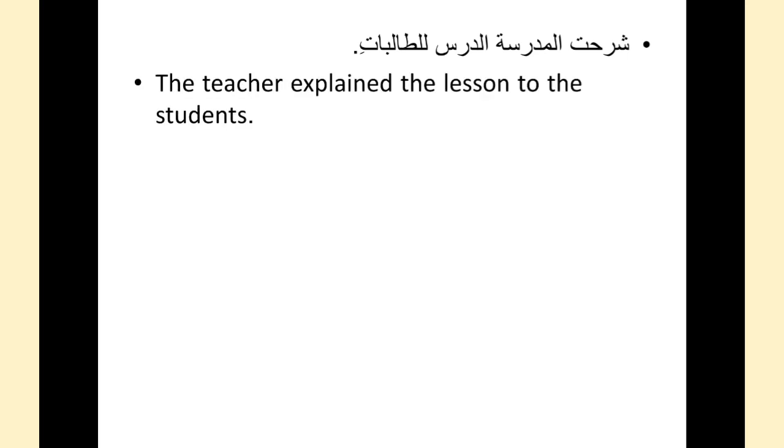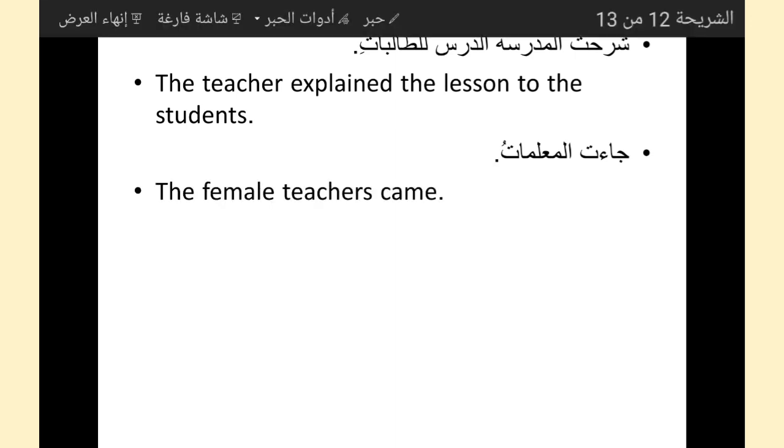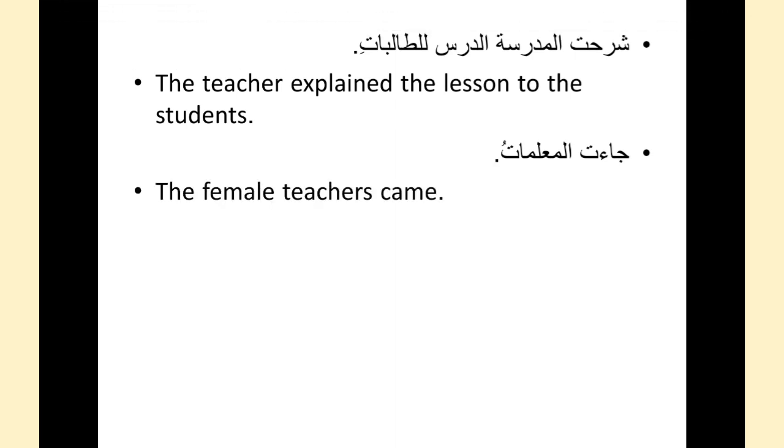شرحت المدرسة الدرس للطالبات, which means the teacher explained the lesson to the students. جاءت المعلمات, which means the female teachers came. سمعت القراءات, which means I heard the readings.